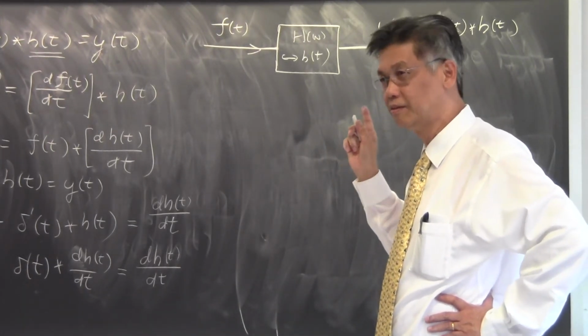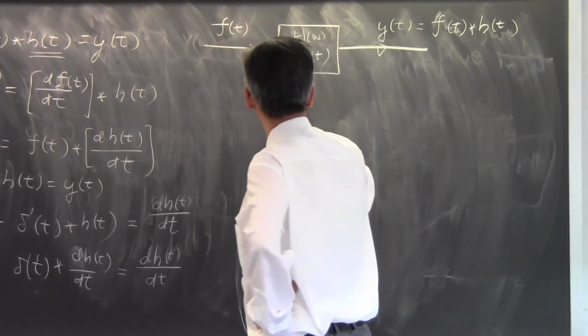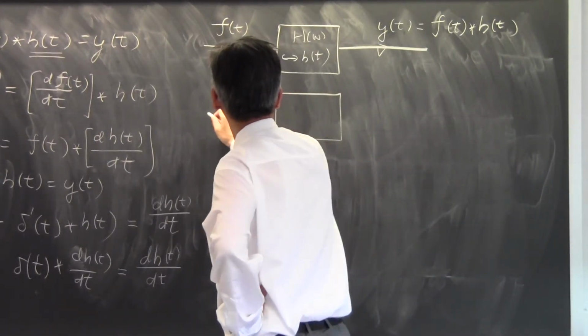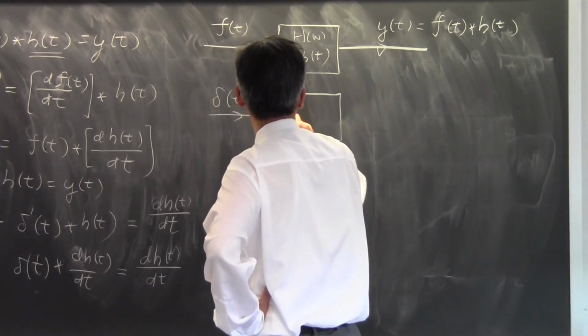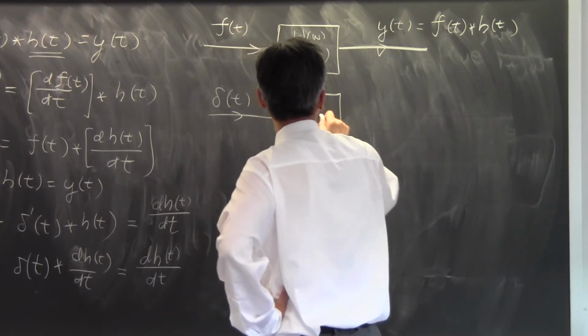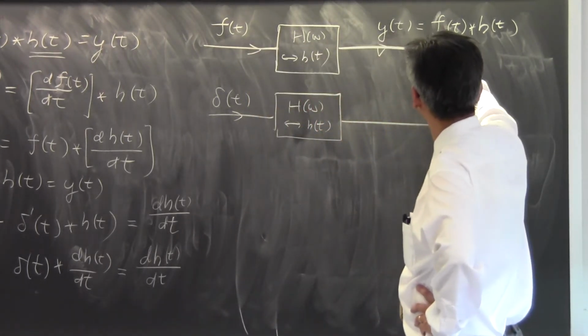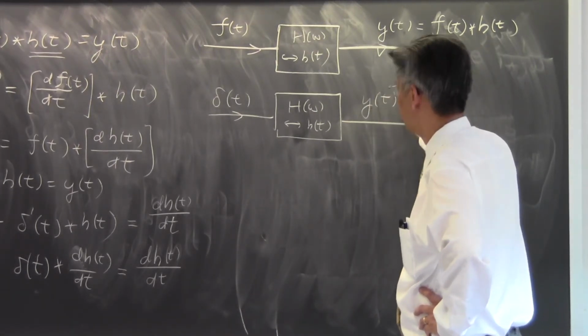And I have proven this point over and over again. Okay? But now if you have delta of t coming in to this same box, it will be delta of t convolving with h of t, and what would be the output?